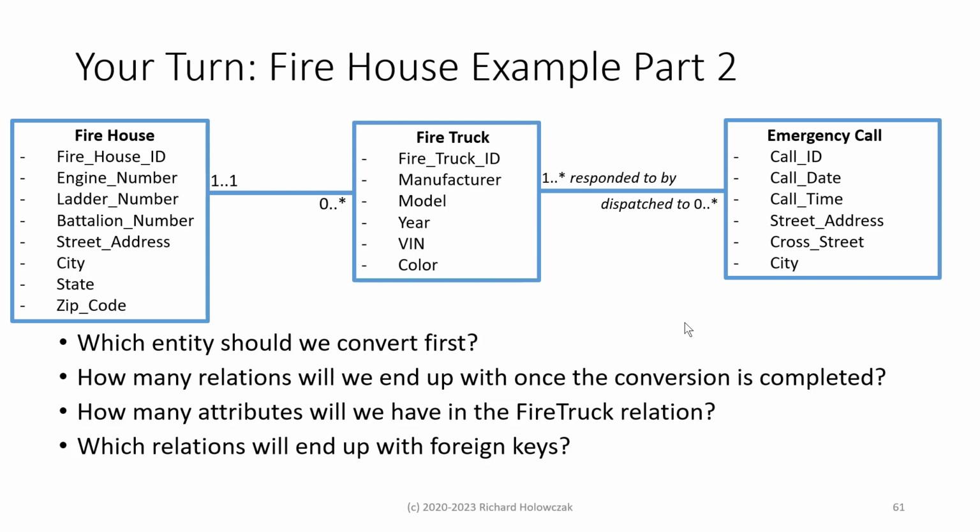Again, we ask the question, which entity should we convert first? How many relations will we end up with once the conversion is completed? How many attributes will the fire truck relation have? And which relations will end up with foreign keys? Again, I invite you to pause the video, write down some answers, and then you can go ahead and press play again and see how you did.